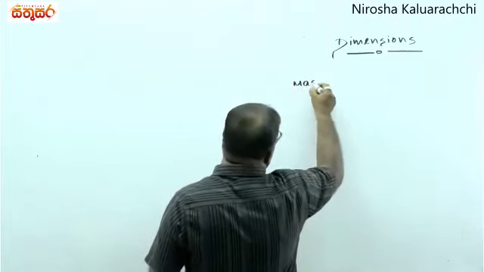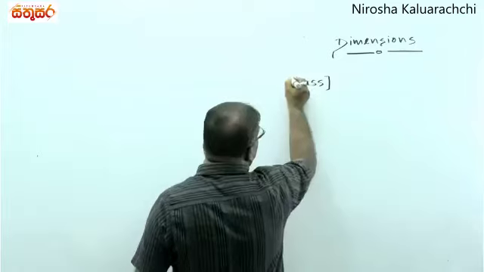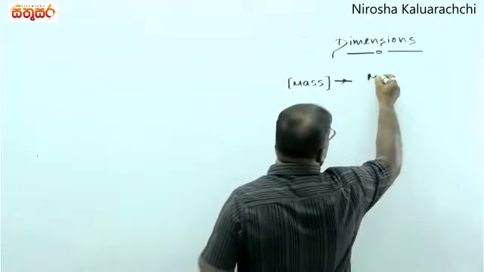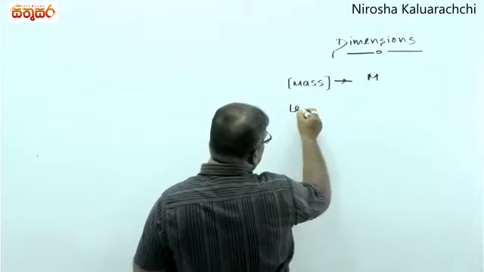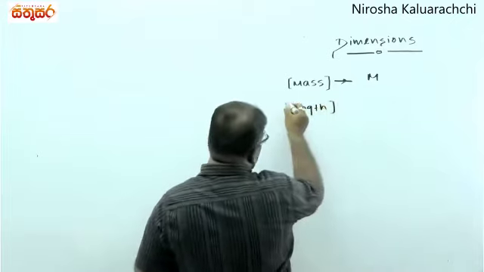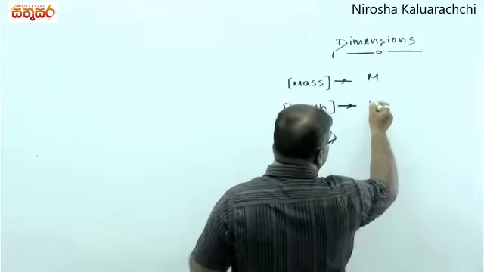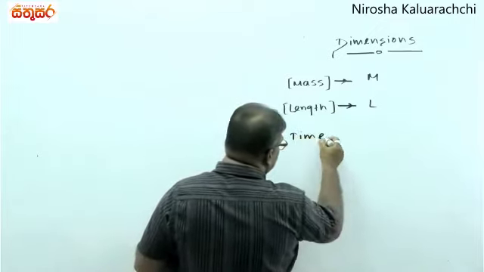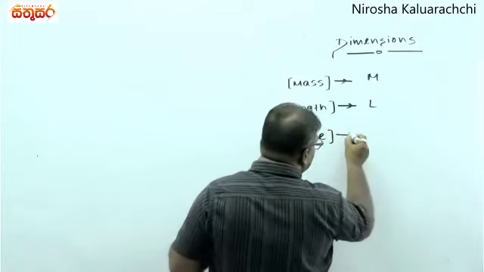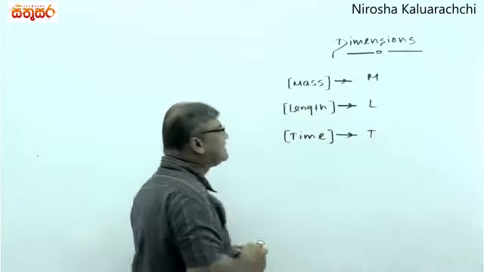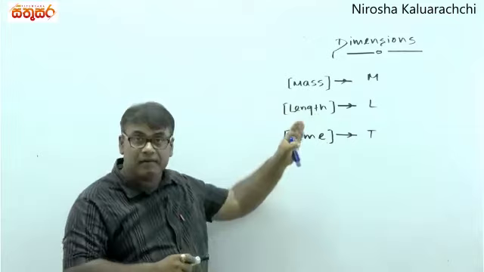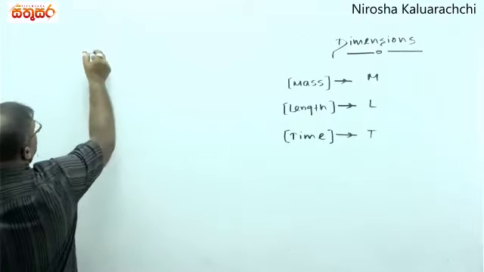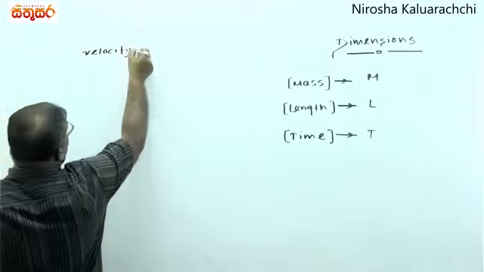One is mass, which is represented by the symbol capital M. Another quantity, length, is represented by the symbol capital L. And the quantity of time is represented by capital T. Mass is M, length is L, time is T. By using these three, we can manage the term velocity.